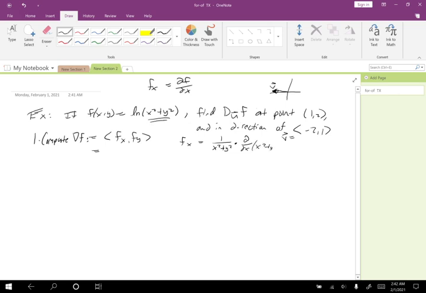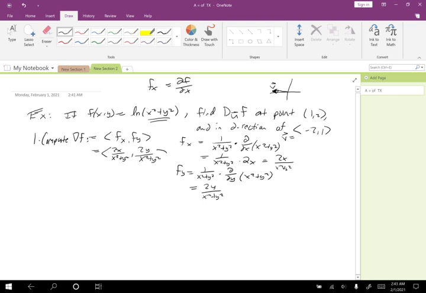So x squared plus y squared, and obviously the y does nothing. So it's 1 over x squared plus y squared times 2x. And fy is 1 over x squared plus y squared times the y derivative of the thing inside the logarithm, and you can see it's going to be similar by symmetry. So we get our gradient, which is 2x over x squared plus y squared, and something very similar in the y component.